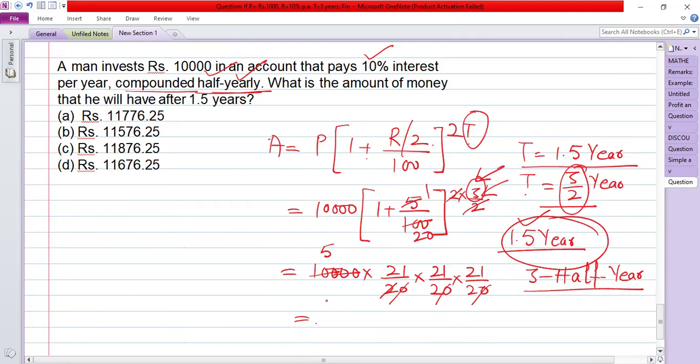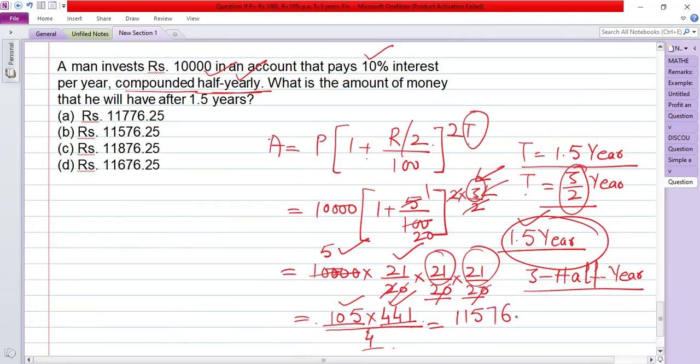So remaining, 5 into 21 will be 105, and 21 into 21 will be 441, and this 2 into 2 is 4. We have to merely multiply these. If one simplifies this, it will be 11,576.25. Means option number B will be correct.